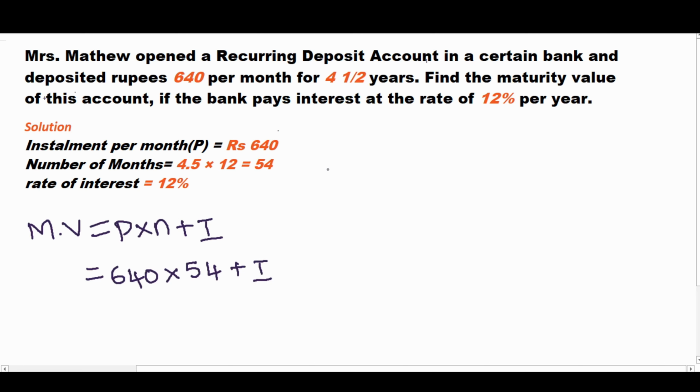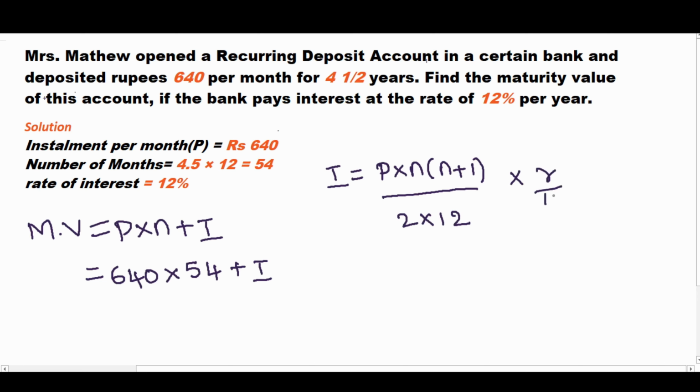We also learned the formula for I in the last class, that is I is equal to P into N plus 1 divided by 2 into 12 into R by 100. Again, let us substitute all the values.